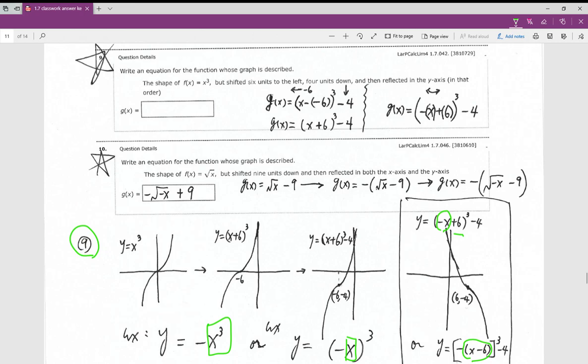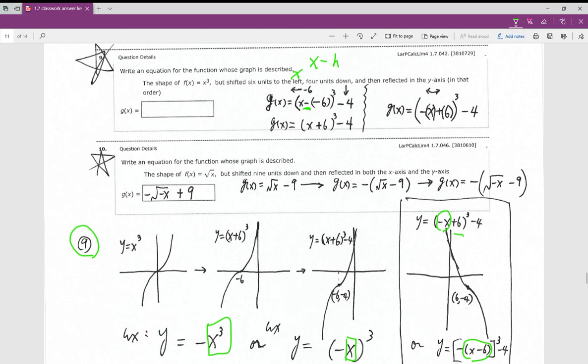So for the number 9 question, when the question says shift 6 units to the left, to the left means you are talking about x, okay? So shift to the left, you take away. For the x, you always need to take away. So it's x minus h.